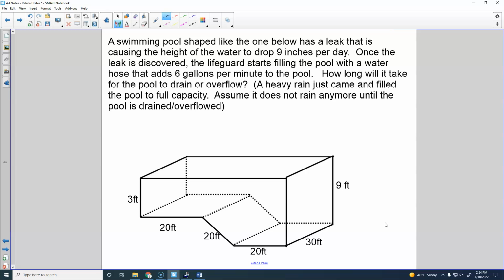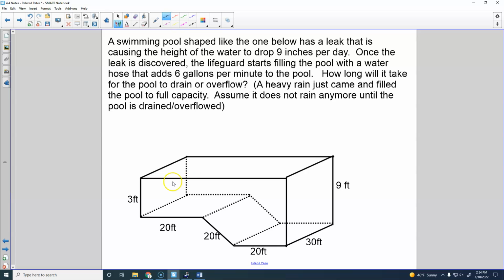The water hose is just not pumping enough water in to make up for the water loss. But if the water hose is actually adding more water than the pool is losing, then eventually it would overflow in that case. So you would have to figure this out.